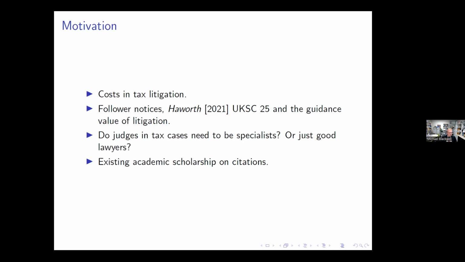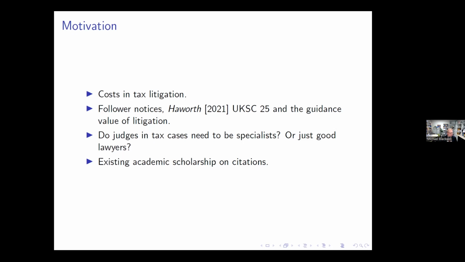And so the question is whether or not you need to be a tax specialist. In the research I did for the IFS, Miranda highlighted at the start, on the tax tribunals in the next 10 years, lots of advocates were saying, actually, you don't need to be a tax specialist.